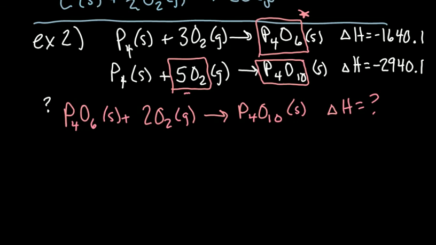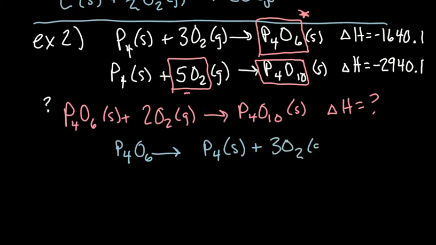So we can rewrite it the way that it's supposed to be here. When I do that, it's going to be flipped around. I'm going to have P4O6 going to P4 solid plus 3O2 gas. And of course I have to flip my delta H sign because I flipped the equation.